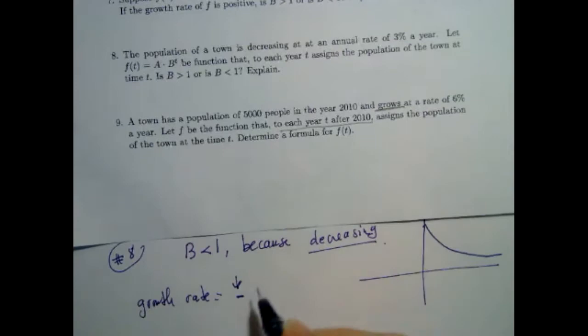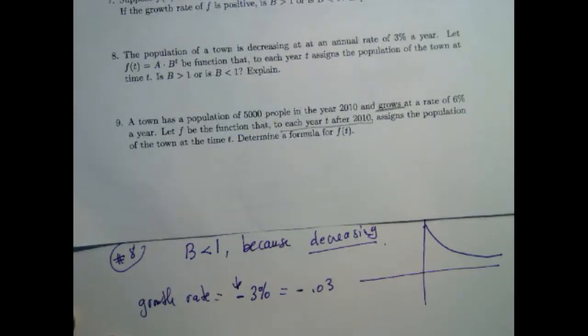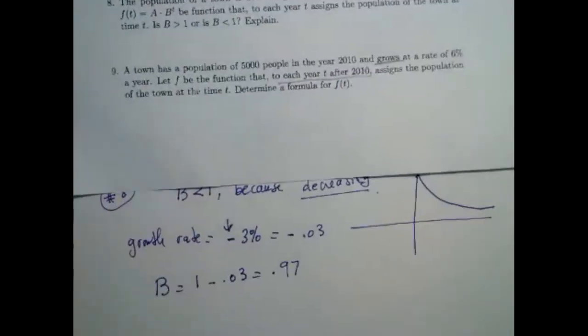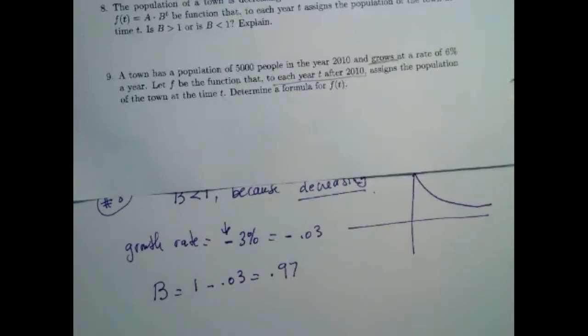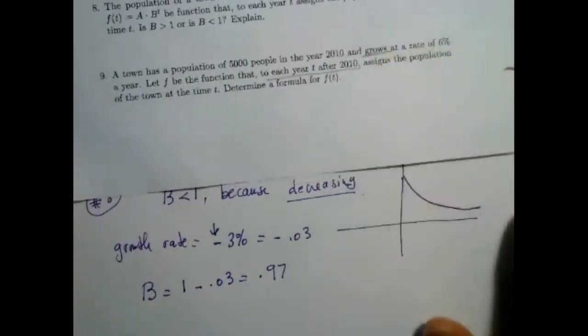Negative 3% means it's minus 0.03. So the b in this case is 1, you take away the 0.03, and you will be left with 0.97. So b is definitely less than 1 because we have a negative growth. Right? Okay, so I look at your last question and then we move on.